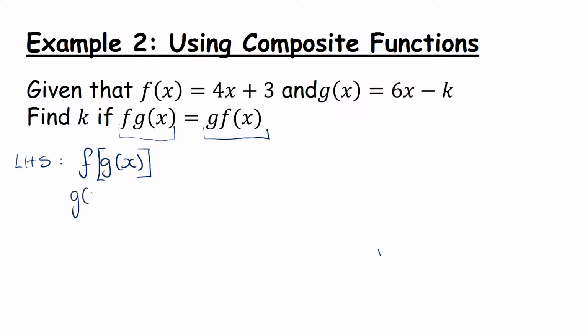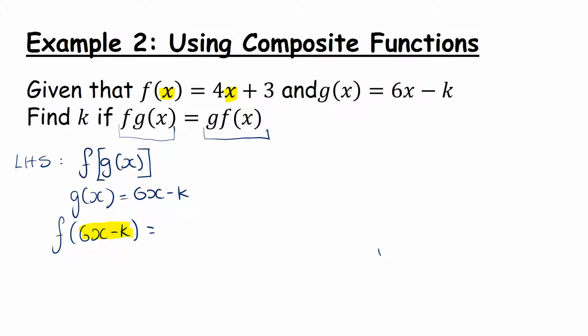So g of x in this case is 6x minus k. We then want to put that answer into f. So it's f of 6x minus k. So remember, what we're trying to do in this case is everywhere there's an x in the f function, we are now going to put in 6x minus k.